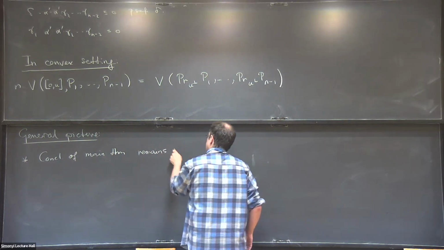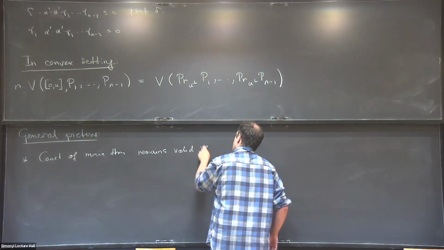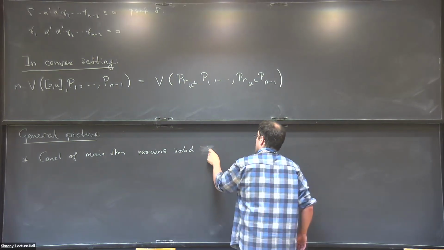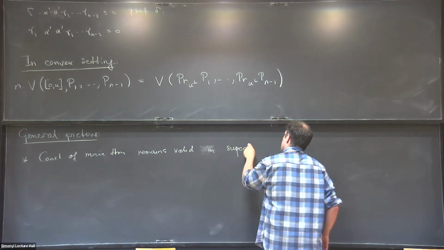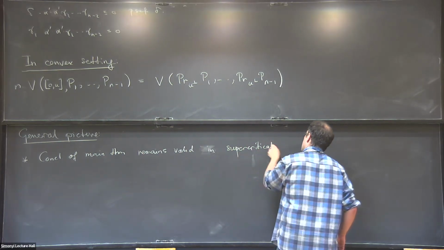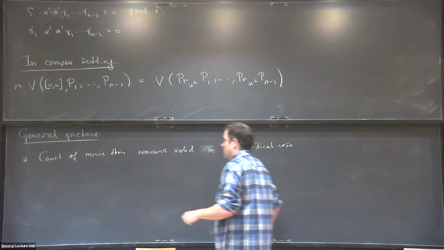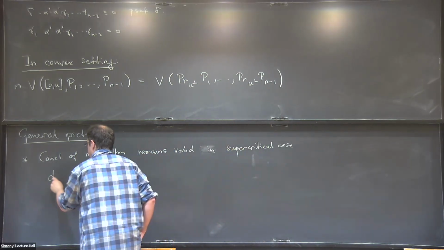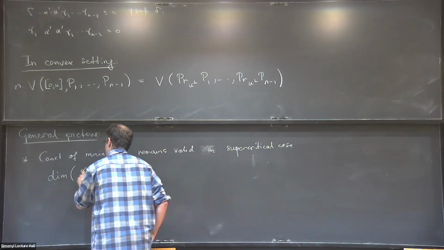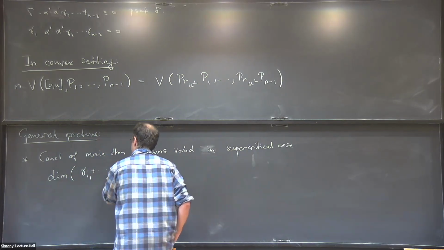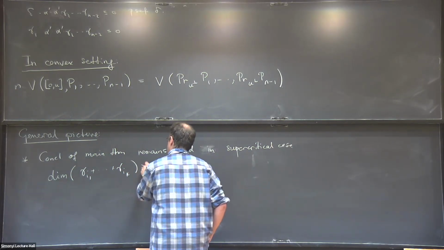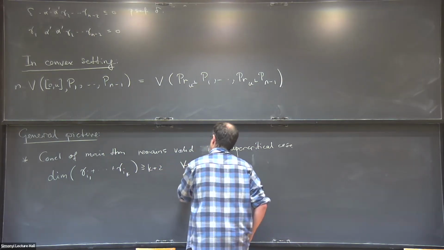It remains valid in the supercritical case. And the supercritical case is the case where the dimension of gamma I1 plus ... plus gamma ik is greater or equal to k plus 2 for all k.